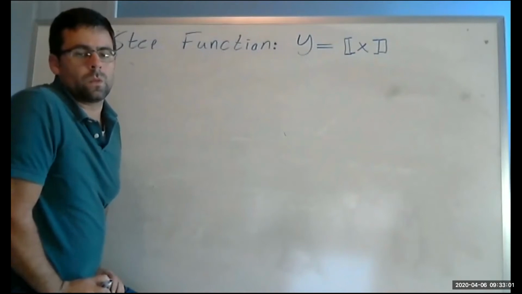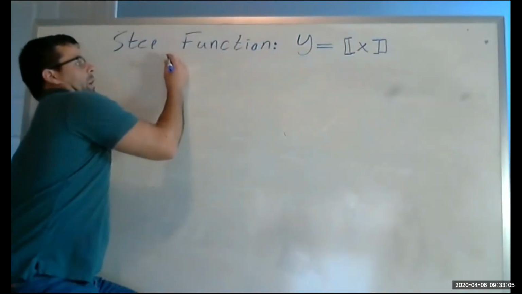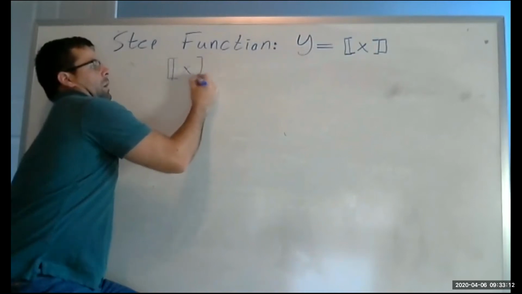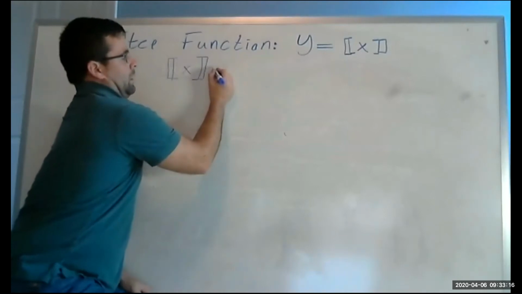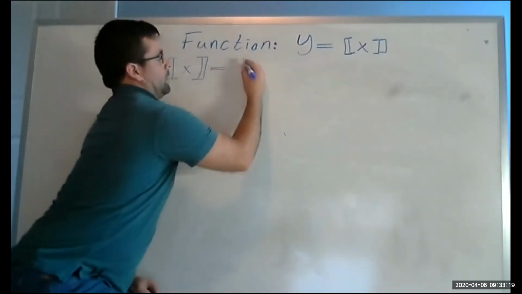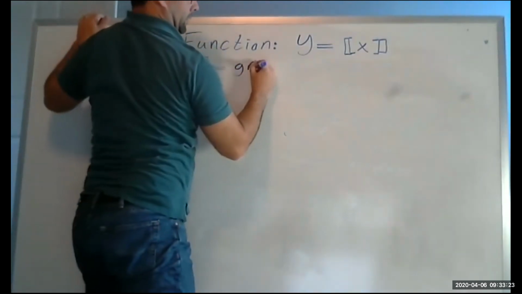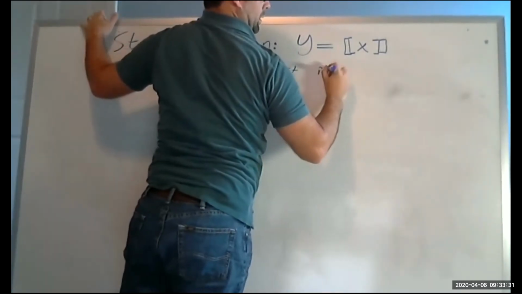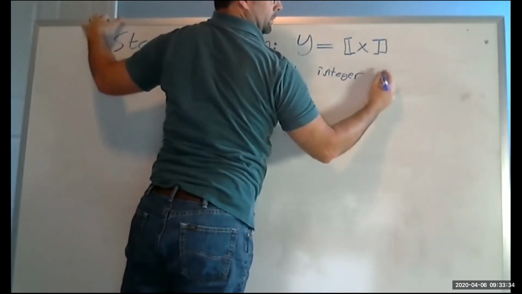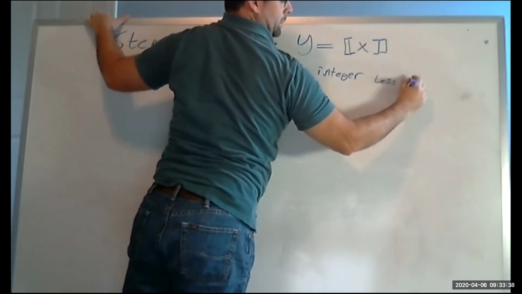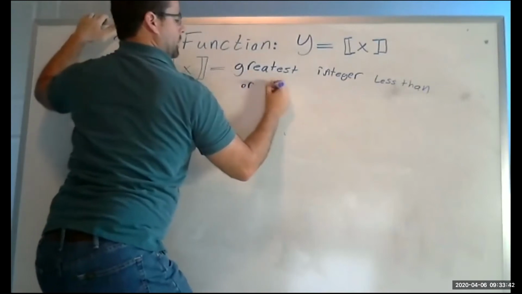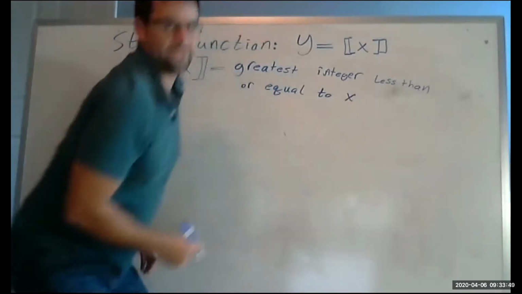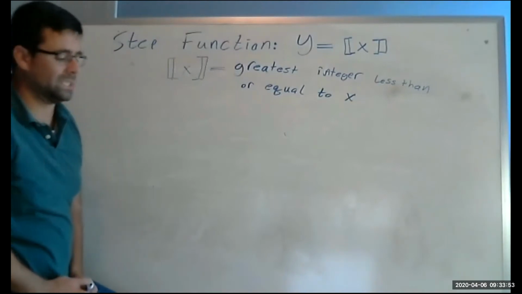And those brackets mean the greatest integer less than or equal to x.